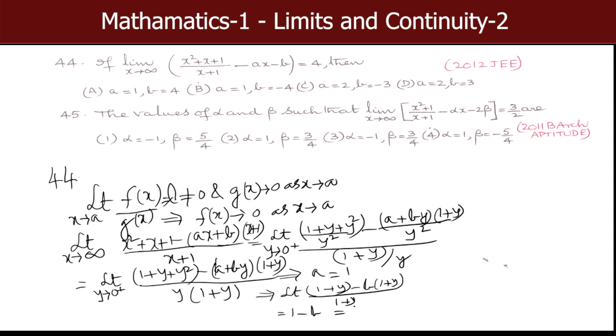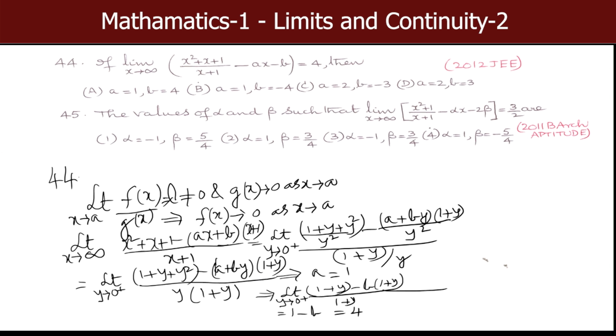Now, this is given to be 4. Let us see, y tends to 0, (1 plus y square minus of (a plus by) into (1 plus y)) by this. When a equal to 1, 1 and 1 can be cancelled. Of course, this y square term is also there, b into (1 plus y).